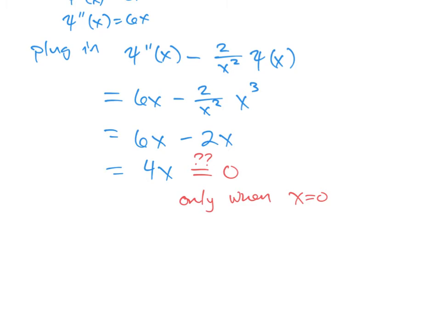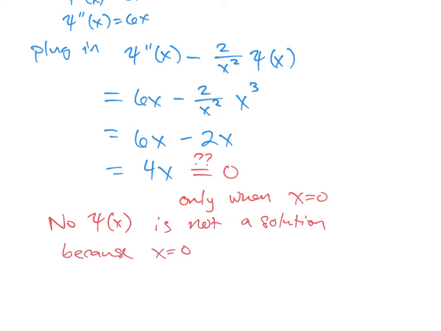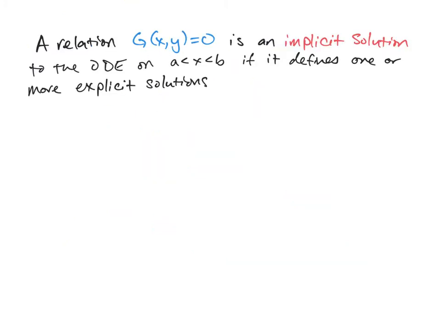Well, no, obviously it doesn't. So the nice thing is that psi of x is not a solution, and that's because x equals 0 is not an interval. So that helps us get rid of kind of trivial solutions.